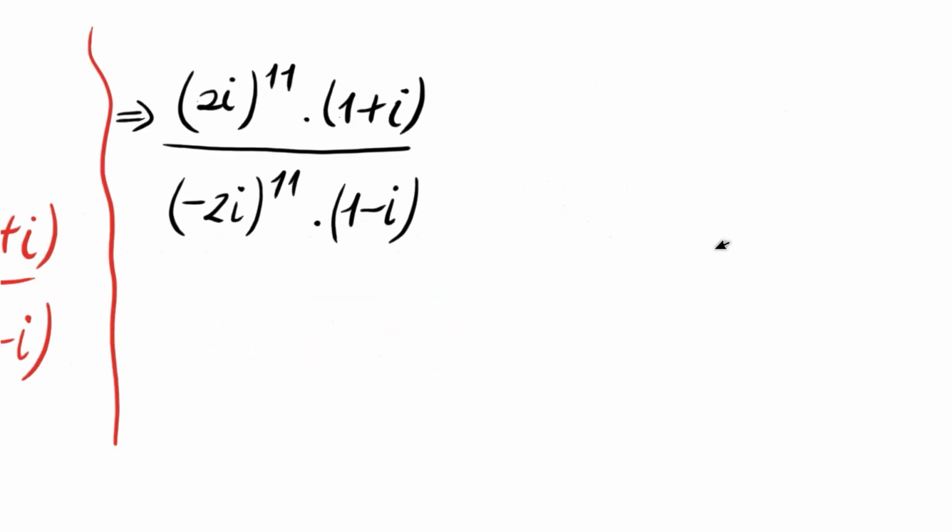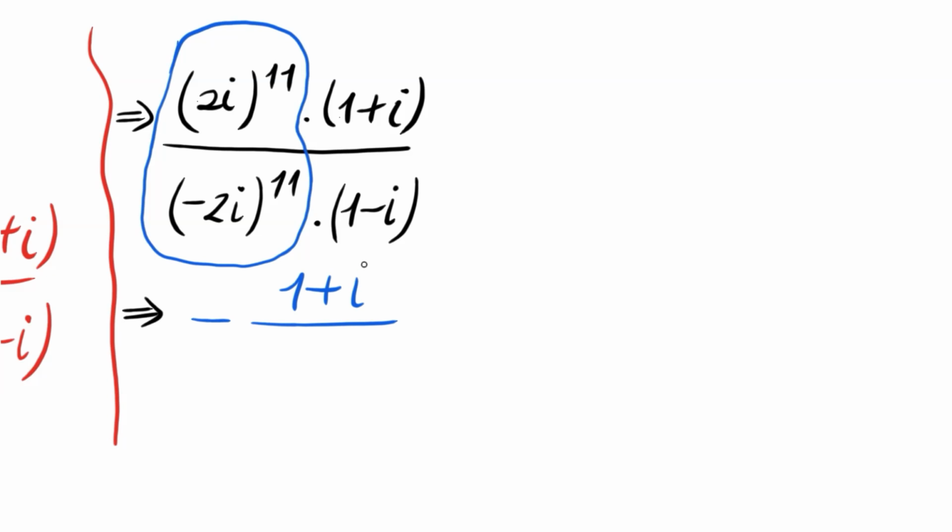This is nice, since we have 2 to the 11th power, i to the 11th power. Here again we have 2 to the 11th power, i to the 11th power, but negative to the 11th power will become negative. So this part here becomes a negative.